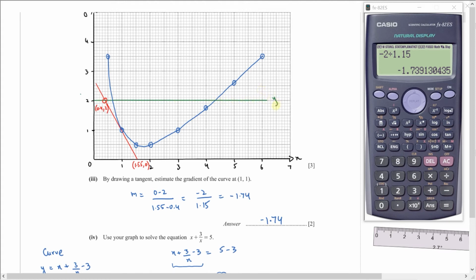So this is y equals 2, and this blue curve has y value 2 when x is almost 0.7.